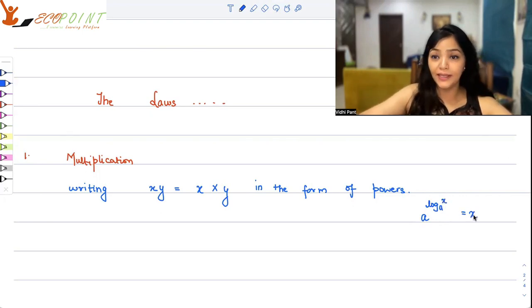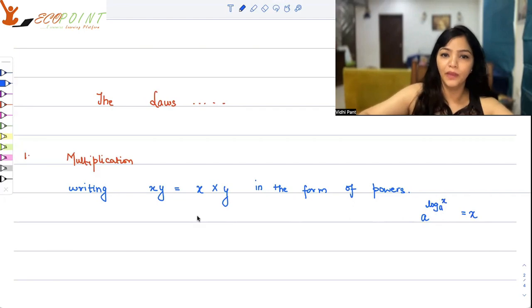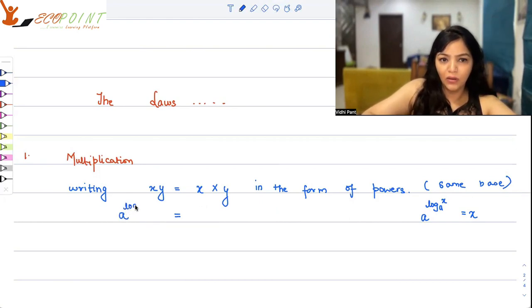So if I write x in terms of power, with the same base, x multiplied by y would essentially give me a to the power log base a of xy, and this one is a to the power log base a of x multiplied by a to the power log base a of y.